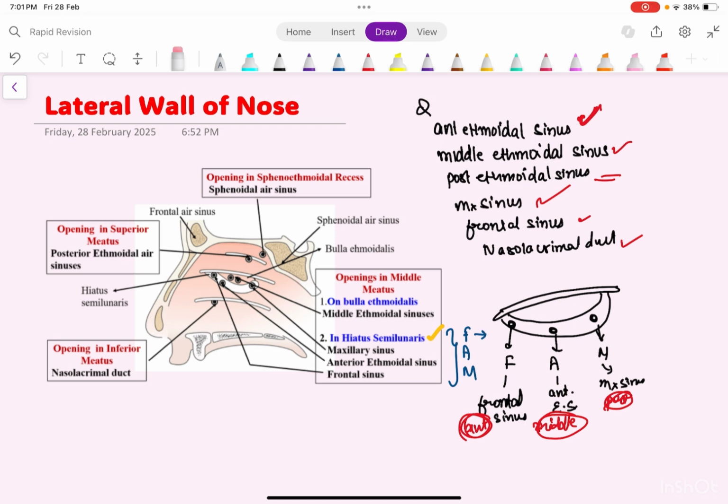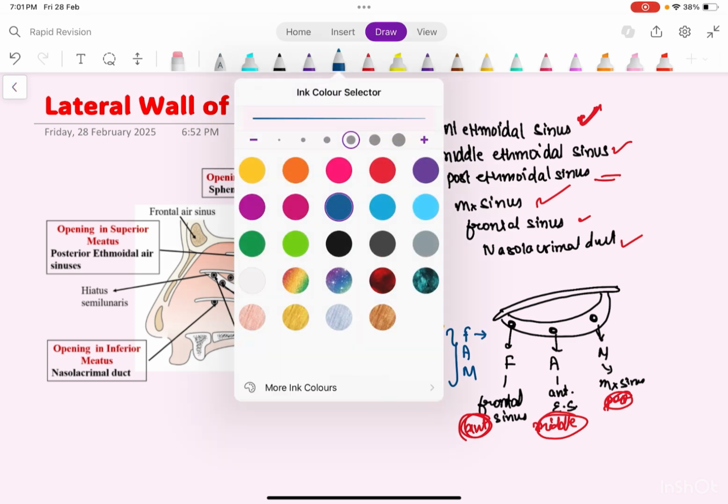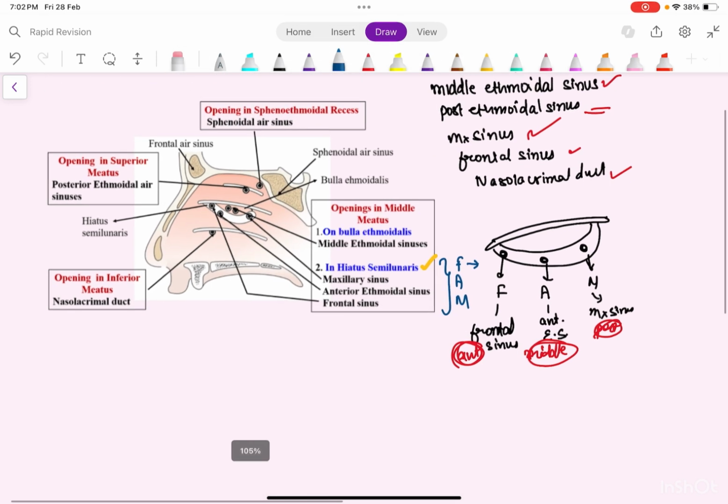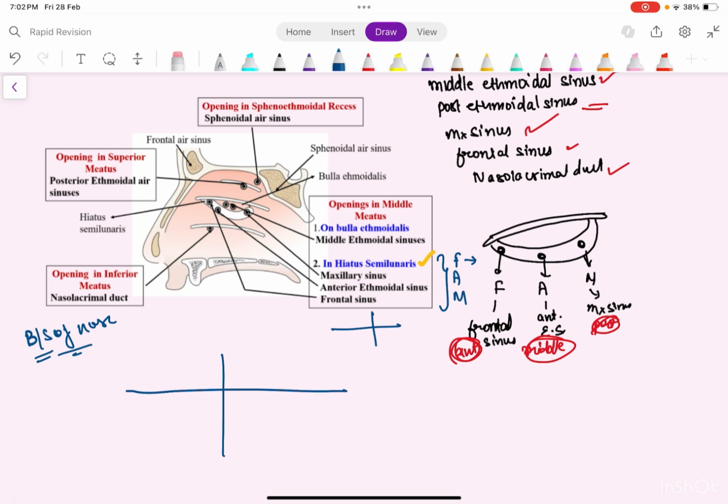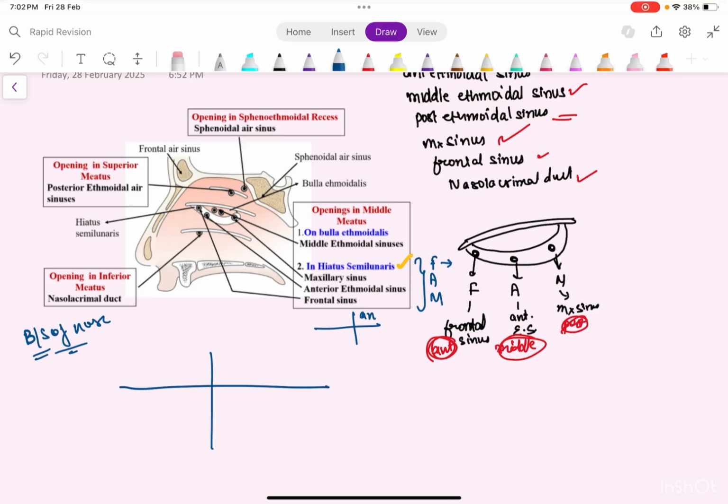There is a very simple trick that you should know and remember for the blood supply of the nose. The blood supply of the nasal septum or nose. We will divide it into four parts. This will be my anterior superior part, this will be my anterior inferior part, this will be my posterior superior, and this will be my posterior inferior quadrant. Now let's go through this.